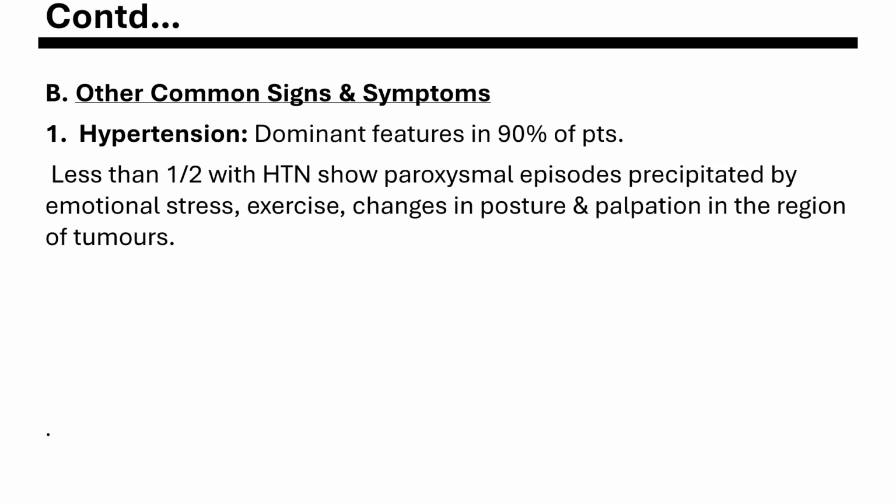So, wherever the tumor is present, extra adrenal or adrenal tumor, whenever we palpate, then that will exaggerate the paroxysmal episode of the hypertension, and this occurs in less than half of the patients who are having hypertension due to the tumor of the adrenal medulla.